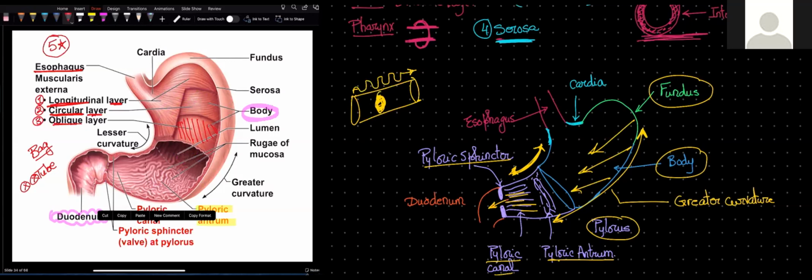Again, why do I have this extra oblique muscle layer? Simply because of the structure of the stomach. The stomach is like a bag. It has a third direction that it needs to contract within. Unlike the rest of the gastrointestinal tract, those are tubes.